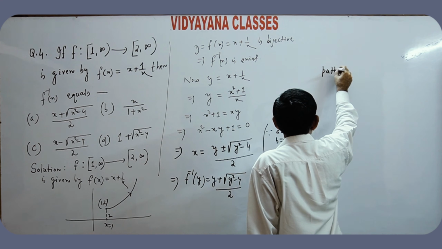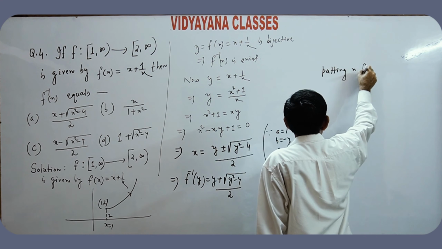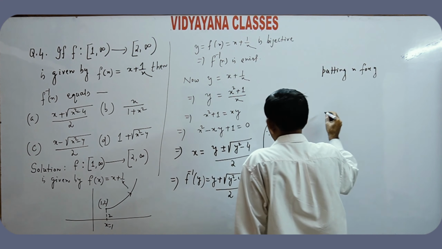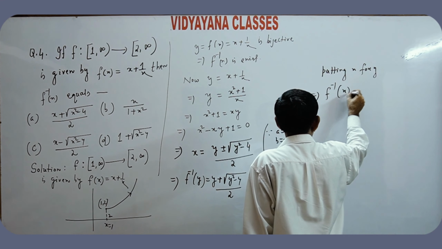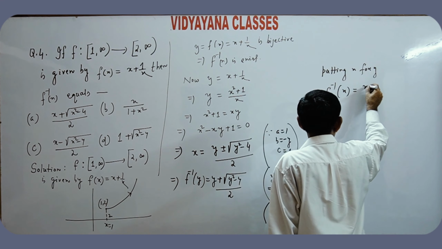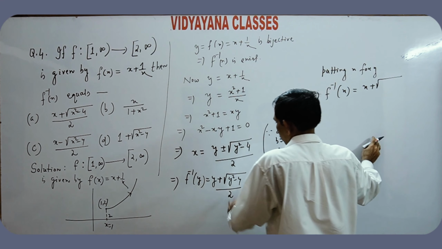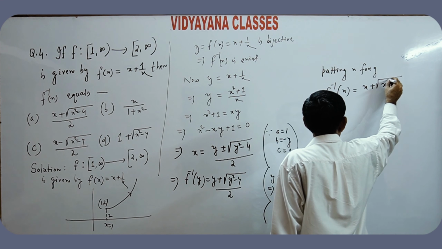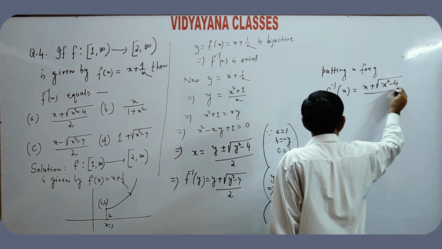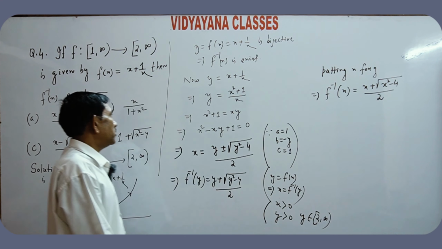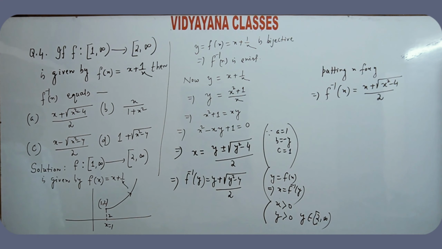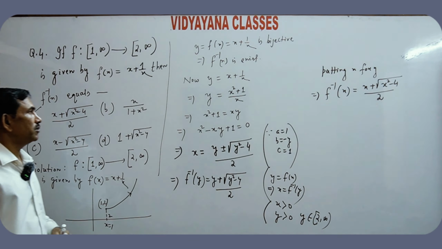Putting x for y, f inverse x is equal to x plus root of x square minus 4 divided by 2, which is the inverse of the function. So the correct option is A, that is f inverse x is equal to x plus root of x square minus 4 divided by 2.